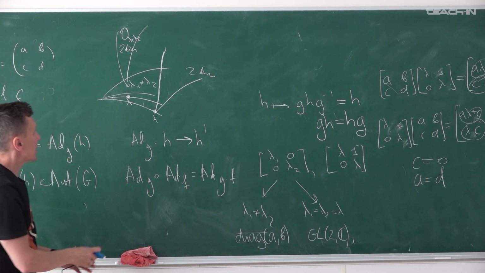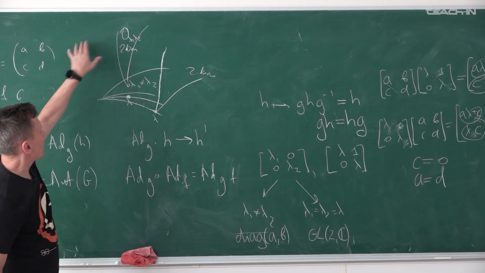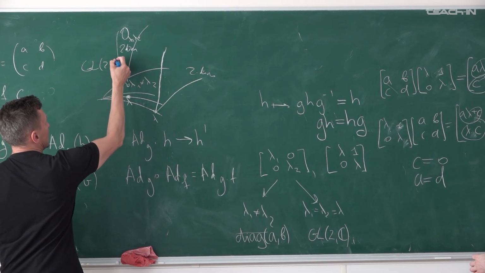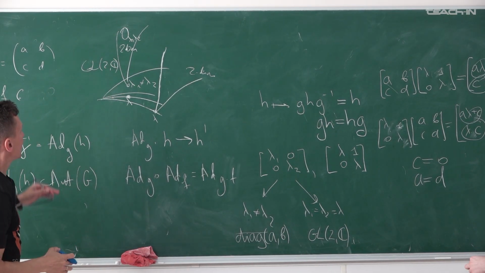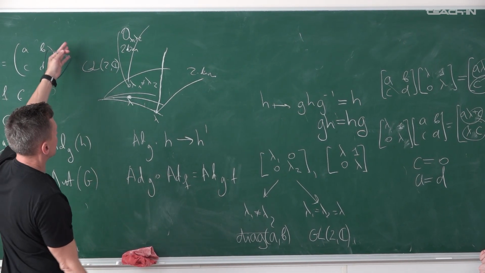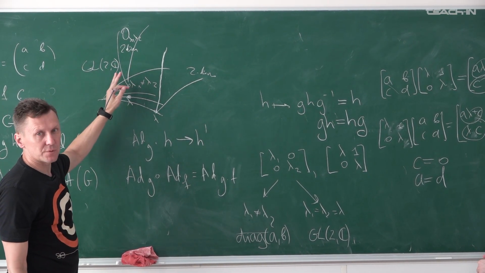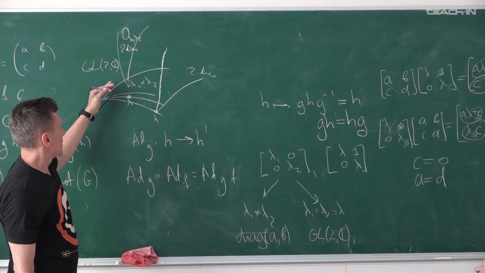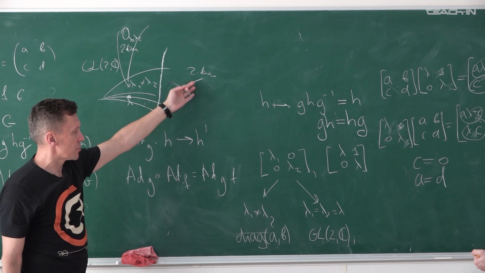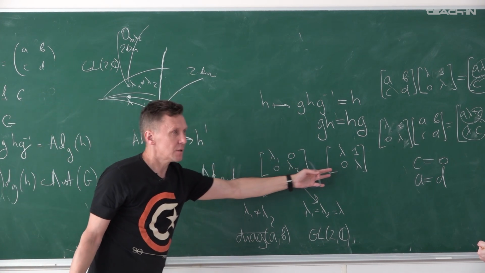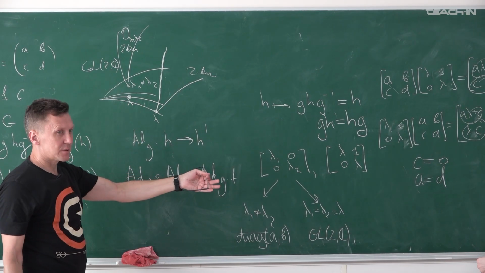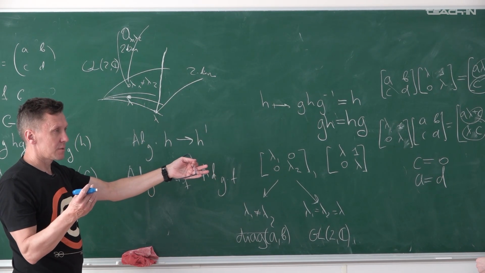So this is all of GL2, and it is the disjoint union of orbits of different types. There is a one-dimensional space of two-dimensional orbits of Jordan blocks. There is a one-dimensional space of trivial, one-point orbits.